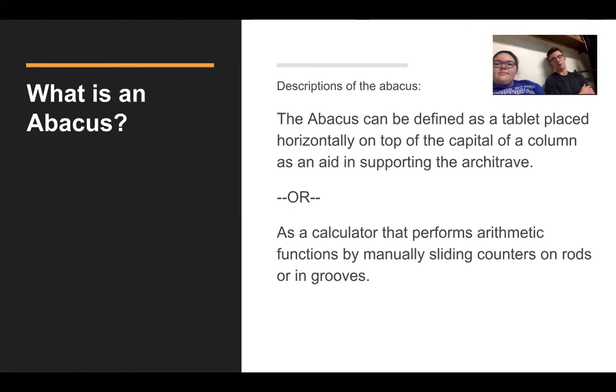This is important to us because we value these historical things, because history is very important as it ties together in our math education. Or it can be described as a calculator that performs arithmetic functions by manually sliding counters on rods or in grooves.